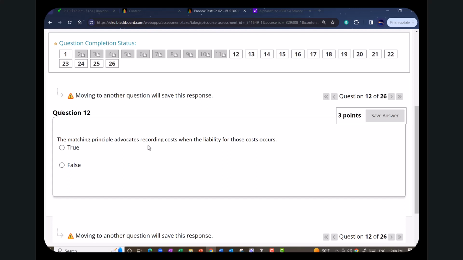Things like salary of the CEO don't count, because you were going to pay that guy whether or not you sold 10 shoes or 100 shoes. Rent for the headquarters doesn't count. Salary of CFO doesn't count. The money you paid to the cleaning company, janitors, doesn't count, because that's not going to affect how much is being produced. That's what the matching principle says. Find the expenses that were necessary to produce that revenue and add them up.